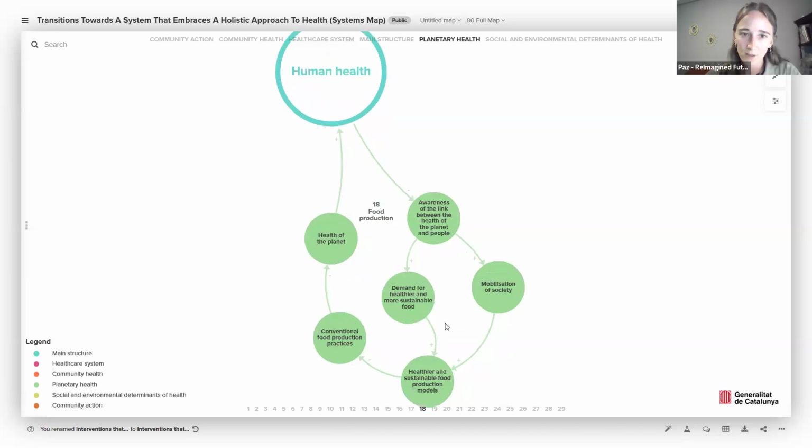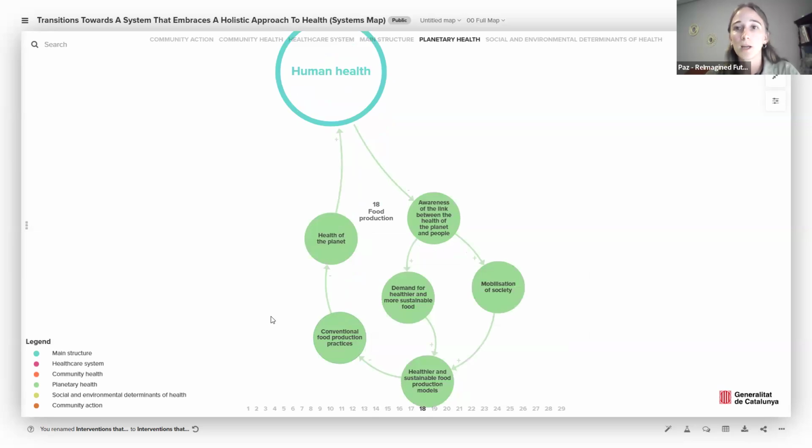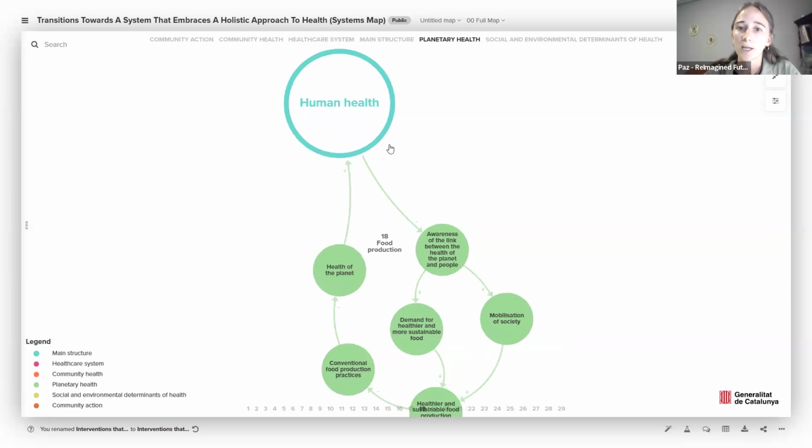The conventional food production practices, of course, bring unintentional or sometimes intentional consequences like environmental degradation, water and air pollution, etc. And this, of course, affects human health.